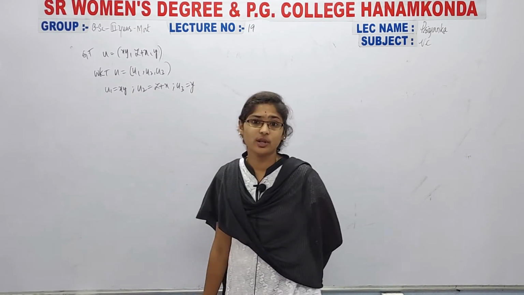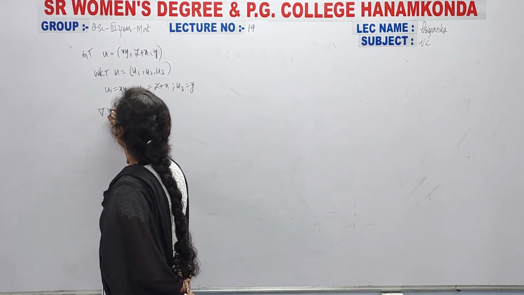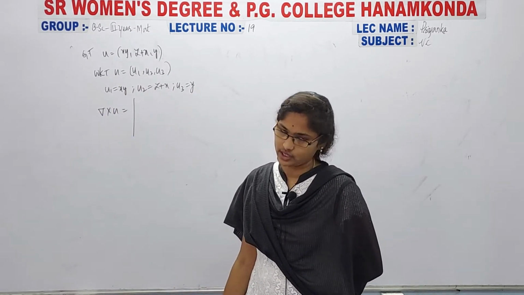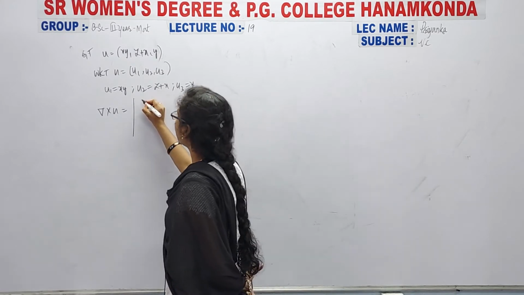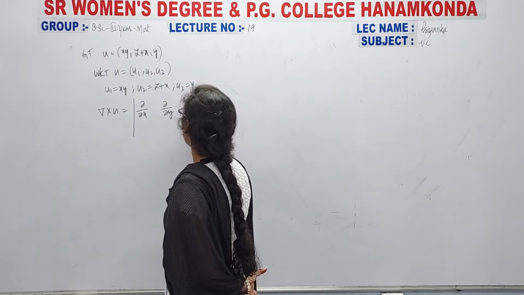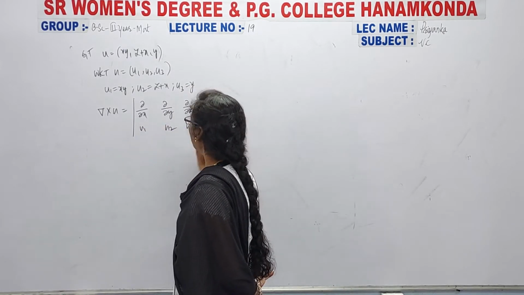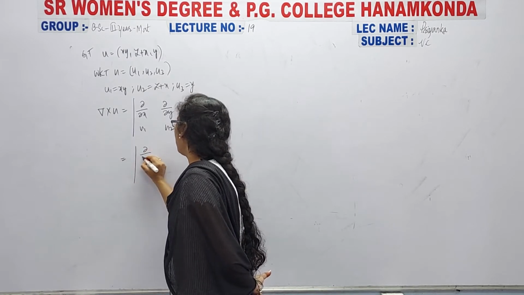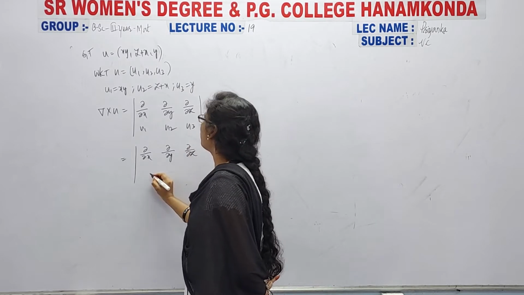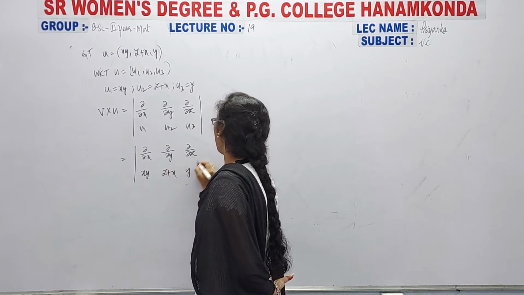The formula for curl u is the determinant in terms of e1, e2, e3, then dou by dou x, dou by dou y, dou by dou z, and u1, u2, u3, that is xy, z plus x, y.